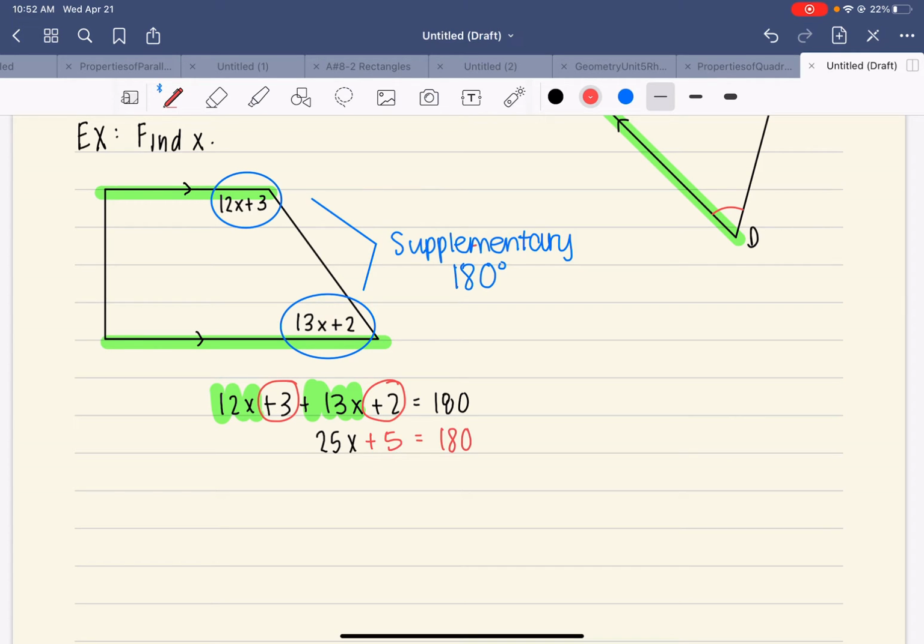Set equal to 180. Subtract 5, and I'm left with 25x equals 175. Think quarters here, 25 cents. How many 25 cents do we have in $1.75? So divide by 25, and x equals 7.